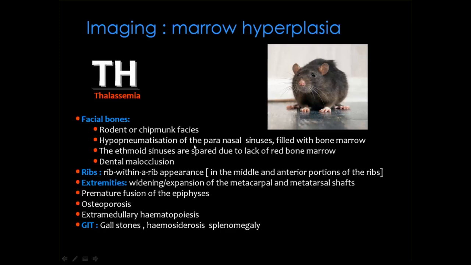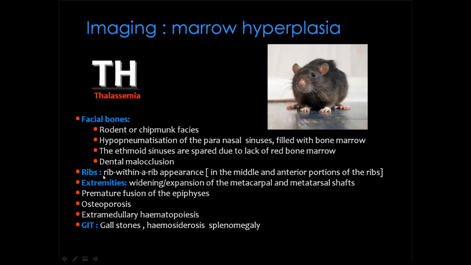Then there is hypopneumatization of the paranasal sinuses, which are occupied by the hyperplastic bone marrow. The ethmoidal air cells are usually spared due to the lack of red bone marrow in this particular location, and there are some deformities and malocclusion of the teeth.